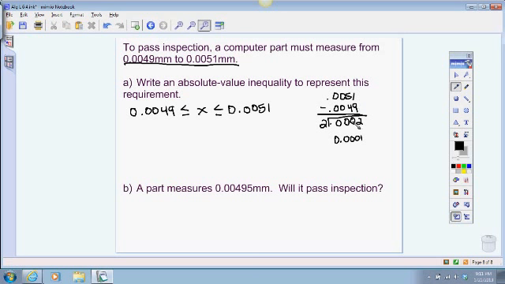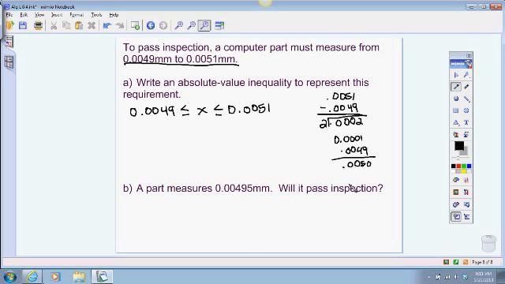For the halfway point between these two, we'll just add that to 0.0049 and you get 0.005, or 50 10,000ths. You can probably see that from these numbers, but if not, find the difference, divide it by 2, and then add it onto your smaller value.